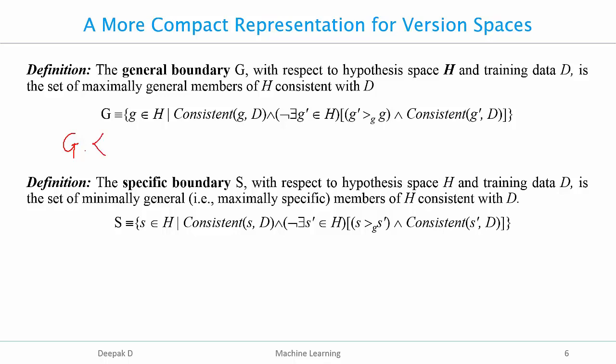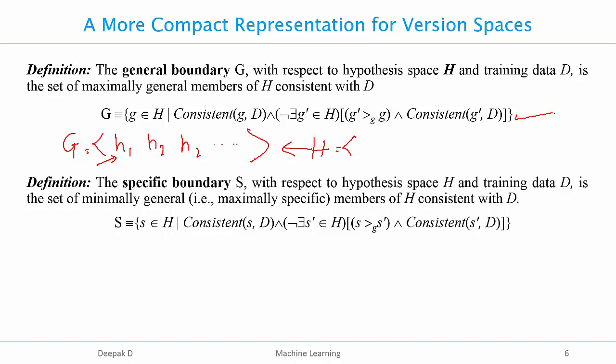It consists of a set of hypotheses which are consistent with D. But what are these hypotheses? These are maximally general members of the set of hypotheses. So this is how we have defined the boundary called the general boundary, and this is the notation.